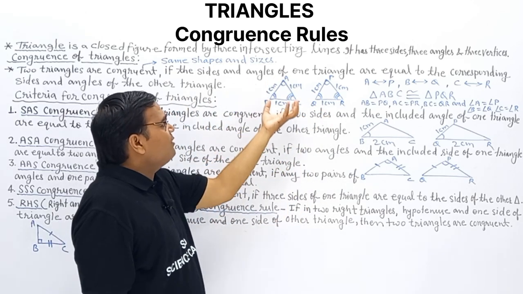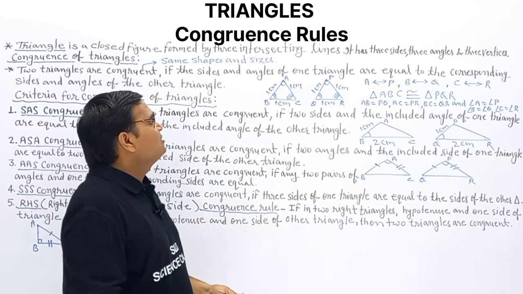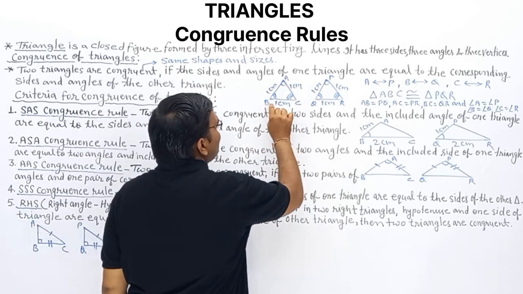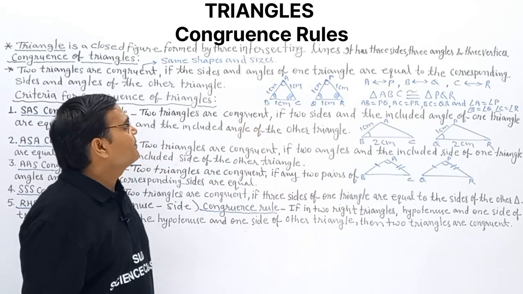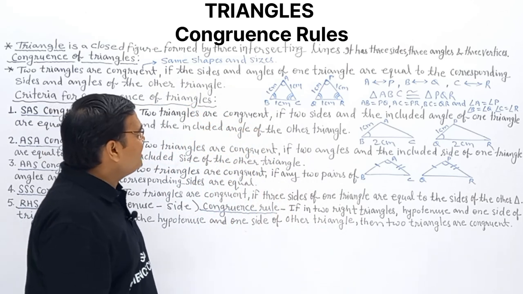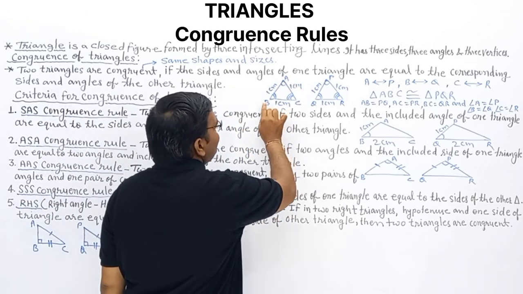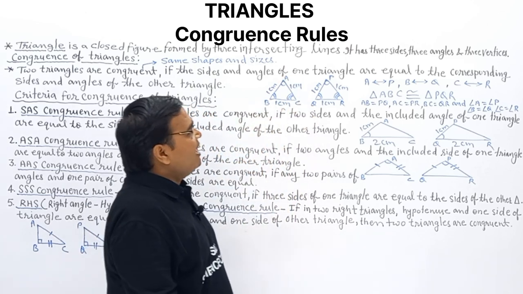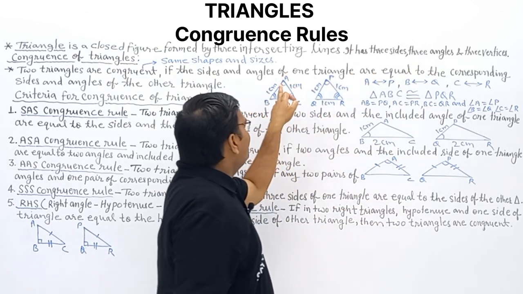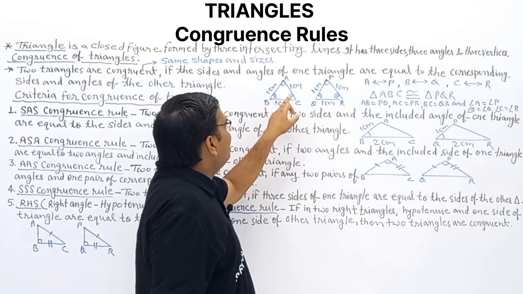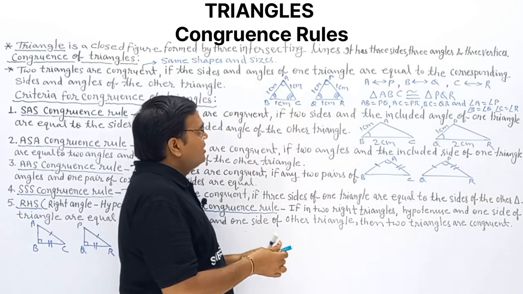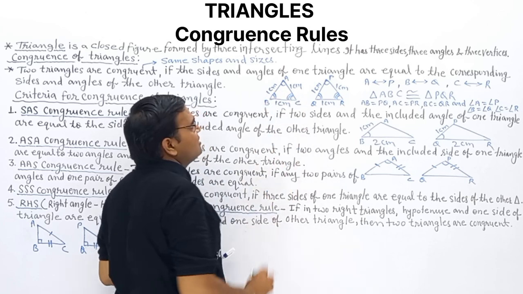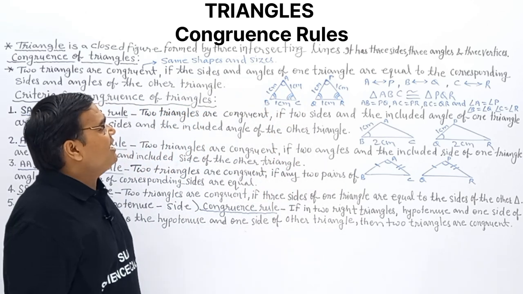So a triangle has three sides, three angles and three vertices. A, B, C are the three vertices. AB, BC and AC are the three sides, and there are three angles: angle A, angle B and angle C. This angle, this angle and this angle are the three angles.